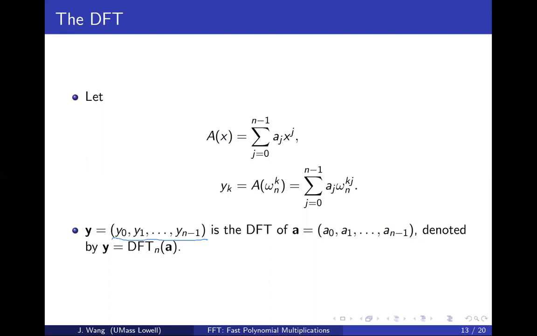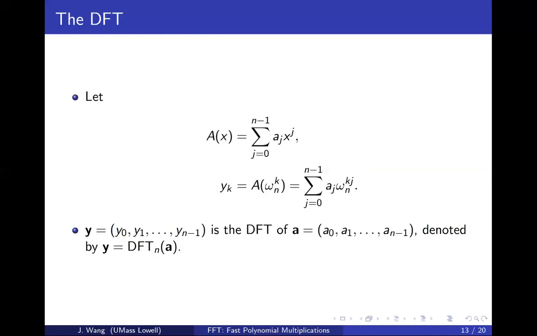So this is a coefficient representation. And so under these particular evaluations, we select particular points on the x-axis. Okay, so these are the points we selected.